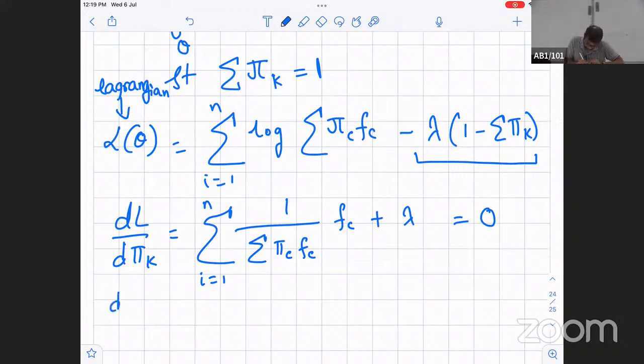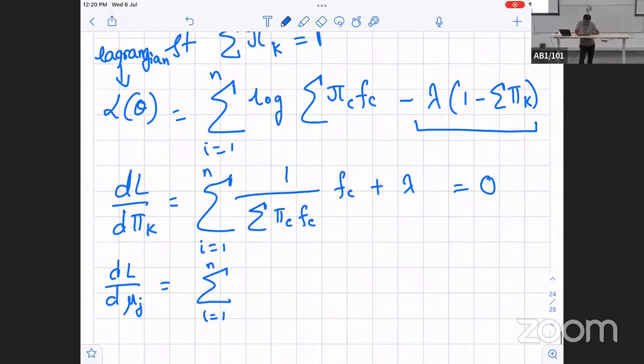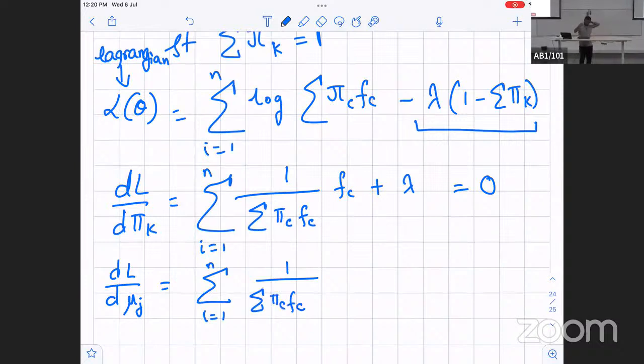Then dL by d mu j. So for the jth point, if I want to take the derivative, the step is very simple. It becomes i going from 1 to n. The first part is as it is, 1 over summation pi c fc. Now, since it is mu j, I am looking at the jth cluster, so I should see what is the derivative for that.